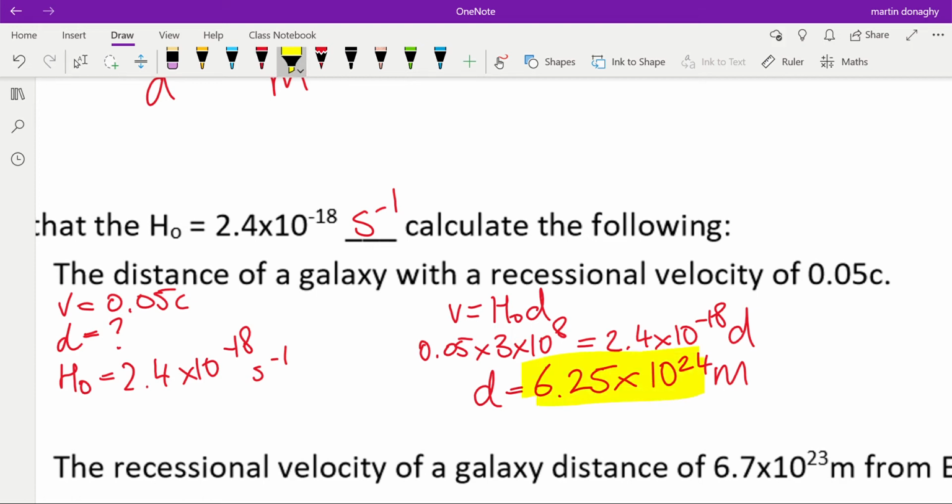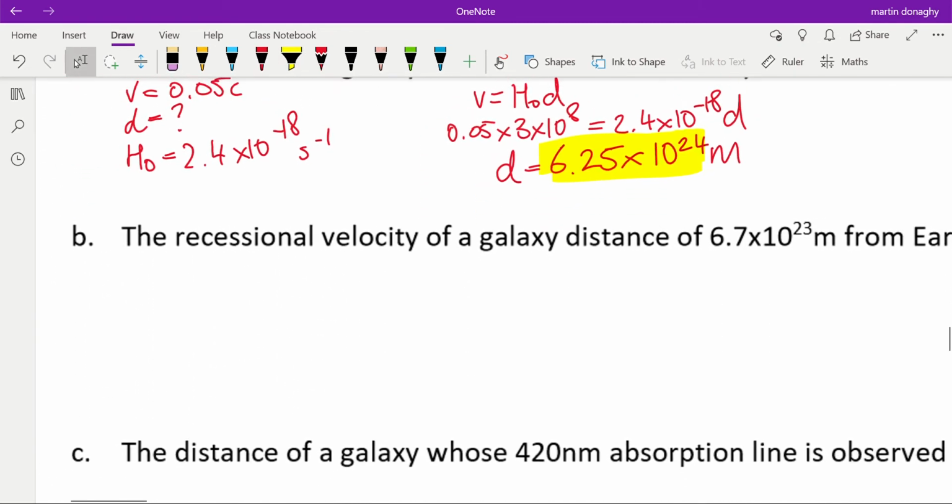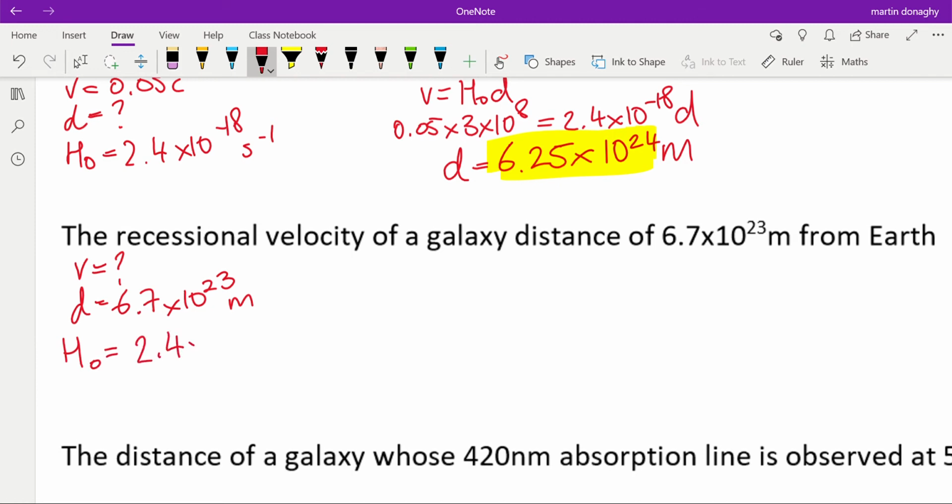You are going to get quite high values for these when they're written in meters because the distances are so large. Next one says, what is the recessional velocity? So we're trying to find v of a galaxy that is a distance of 6.7 by 10 to the 23 meters away, and we'll use the same Hubble constant of 2.4 by 10 to the minus 18 seconds to the minus 1.